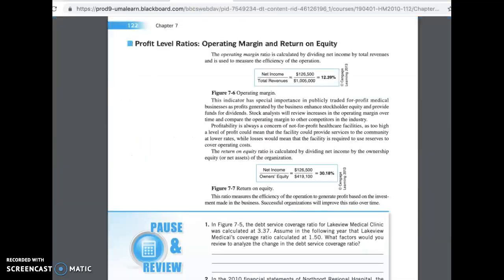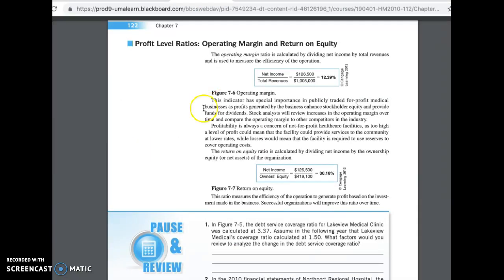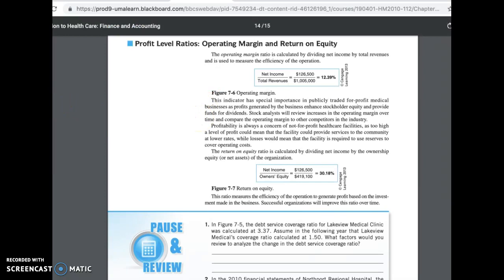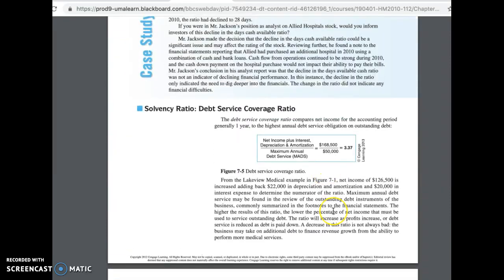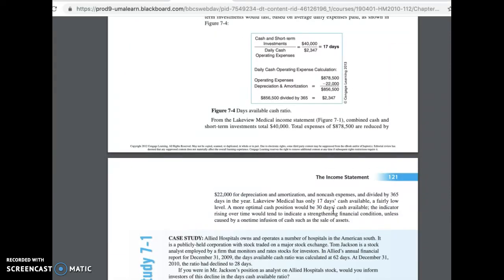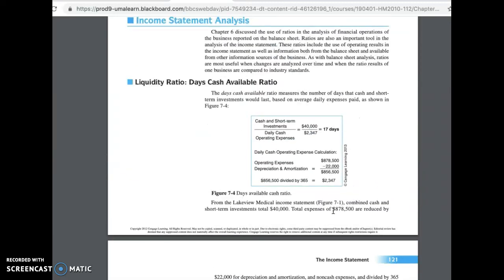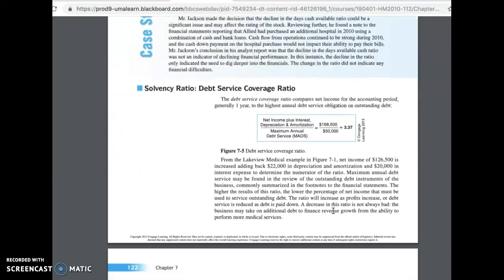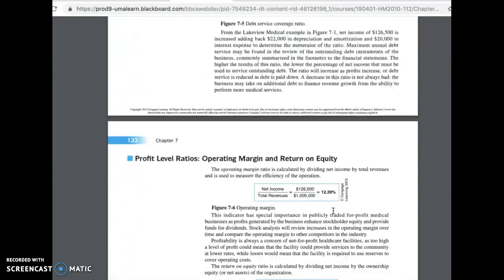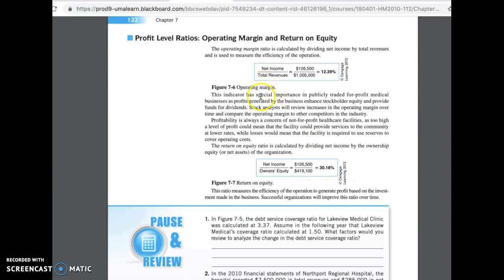If we go to Chapter 7, you'll have to scroll down a little bit to page 122, but it gives you the steps on how to find the operating margin and the return on equity. And it also gives you an example. If you scroll up, it gives you some different financial information about an imaginary medical practice, and it explains to you what numbers you're going to use when you're calculating the operating margin as well as the return on equity.